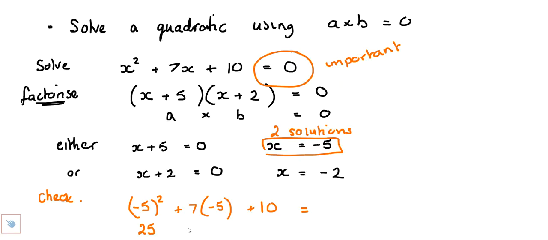I'm checking that my solution gives me the answer that I need. We should always do that, just in case I made a mistake. So I'm putting minus 5 in for x. Minus 5 goes in. So 25 minus 35 plus 10 does in fact give me 0, which is what I wanted.